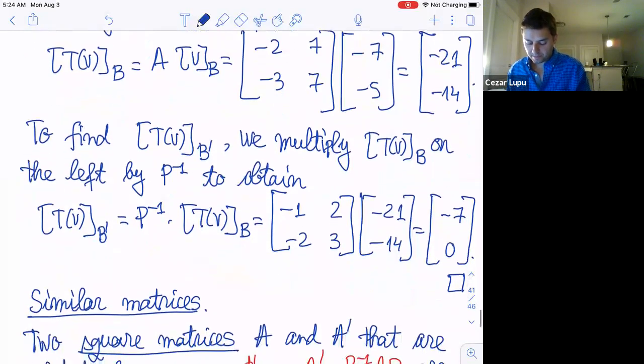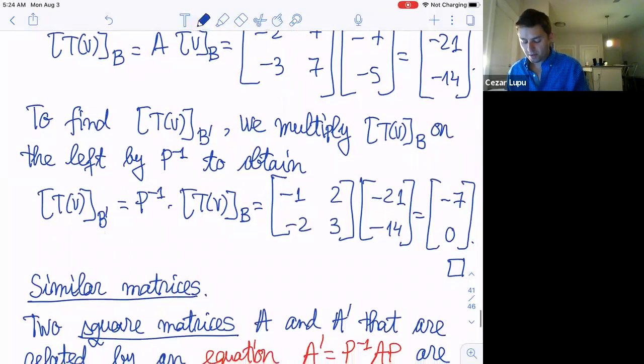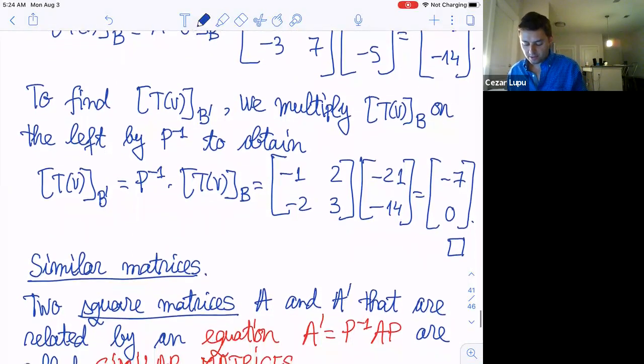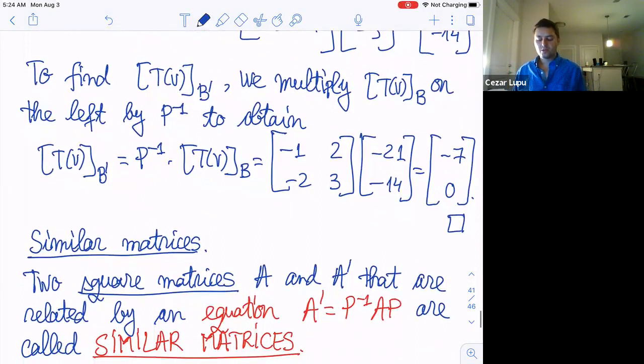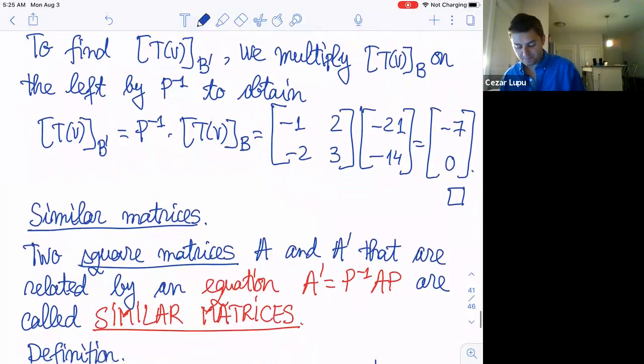Anyway, we'll see the formal definition. Just like I said, two square matrices A and A prime that are related by this equation, A prime is P inverse times A P, are called similar matrices. Well, we have already seen previous examples.